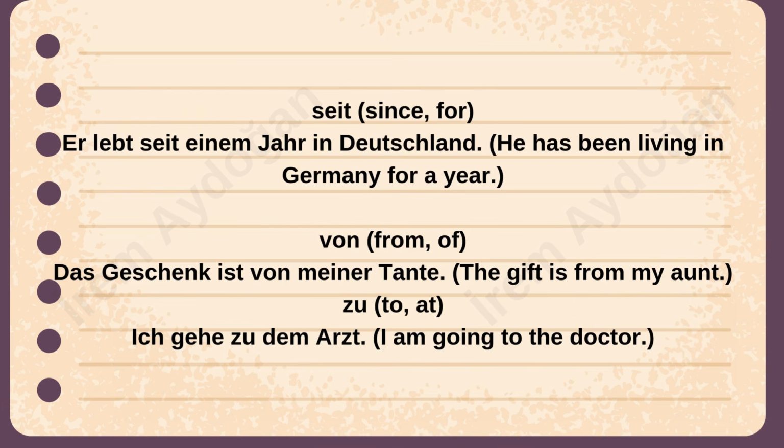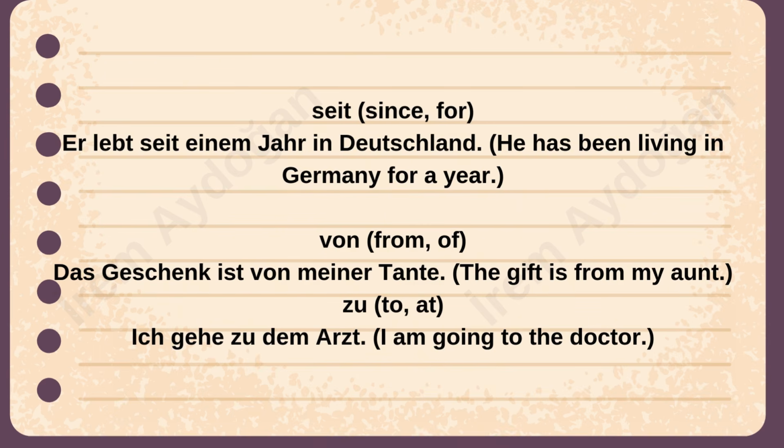And the next one, von, from or of, it means. Das Geschenk ist von meiner Tante. The gift is from my aunt. Look at the von meiner Tante. Die Tante becomes meiner Tante in dative form with von.